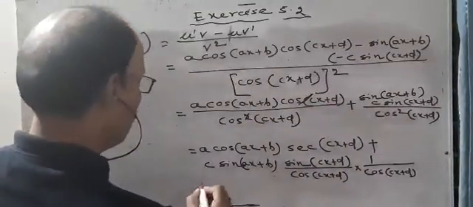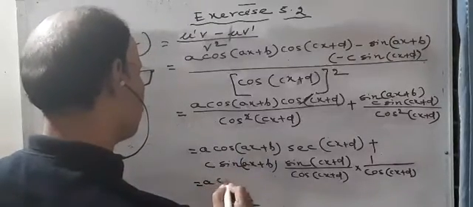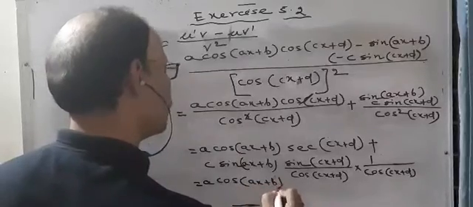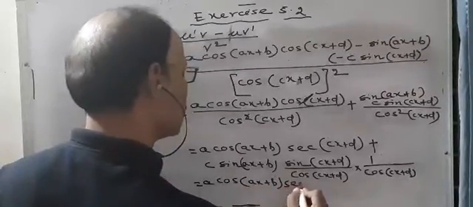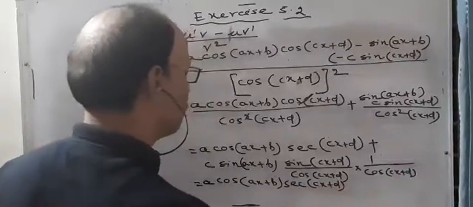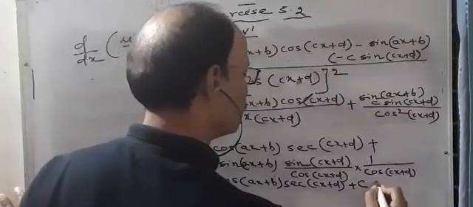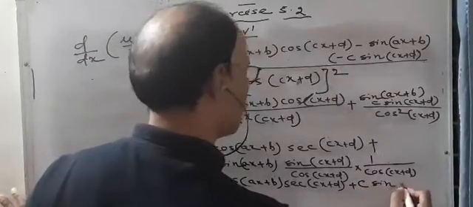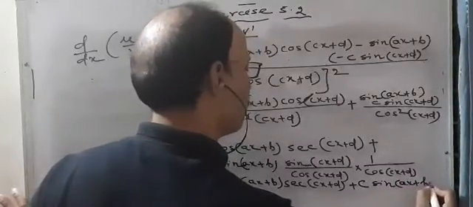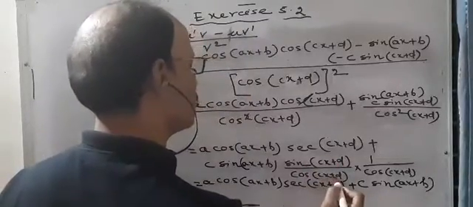Okay. So now what do we have to do? It will be a cos ax plus b, then sec cx plus d, then plus c sin ax plus b, then sin cx plus d upon cos cx plus d.